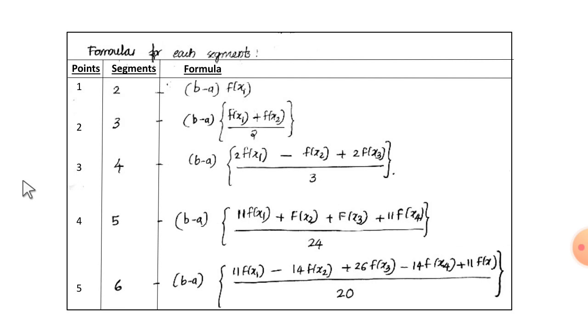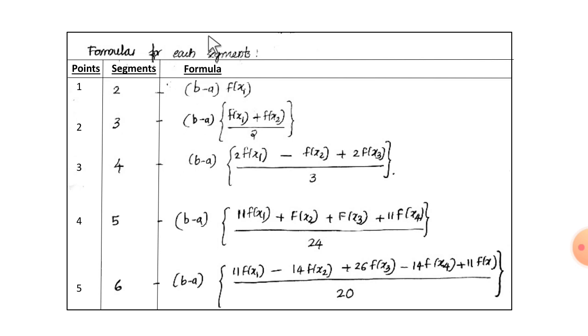So in case of two segments, the formula is b minus a into f of x1, and for 3 segments it is b minus a into f of x1 plus f of x2 by 2, and if segments is equal to 4, then it is b minus a into 2f of x1 minus f of x2 plus 2f of x3 by 3.